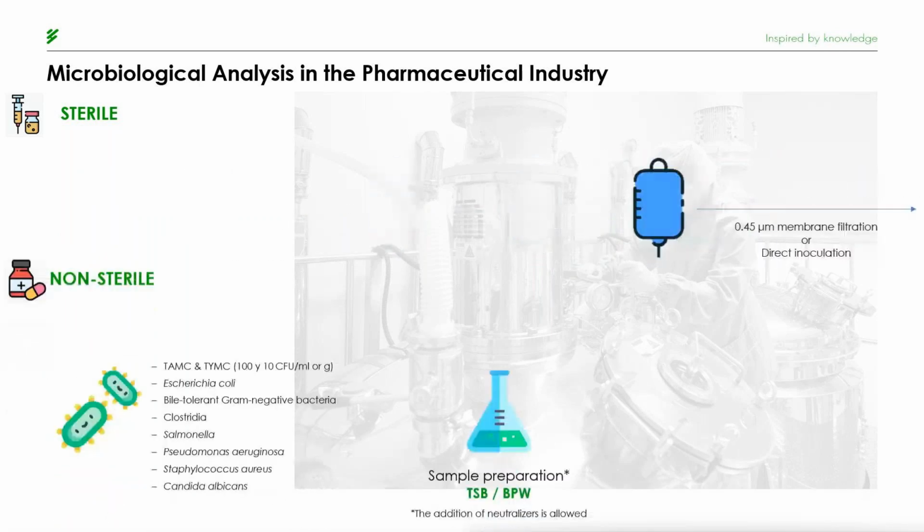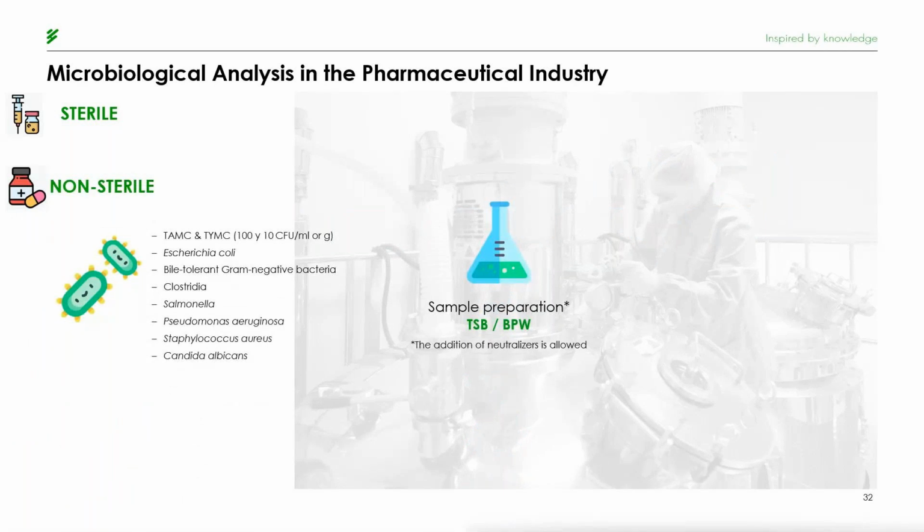And then in the case of non-sterile ones, it is different, since we have the total count of aerobic mesophiles, mold, yeast, and then the detection of specific pathogens depending on the type of product, such as E. coli, Salmonella, Candida, Staphylococcus aureus, and Pseudomonas aeruginosa.